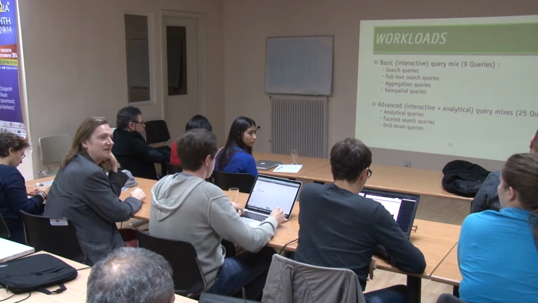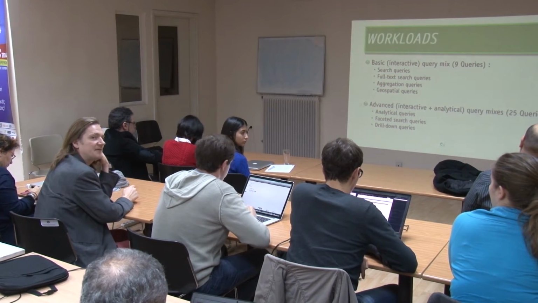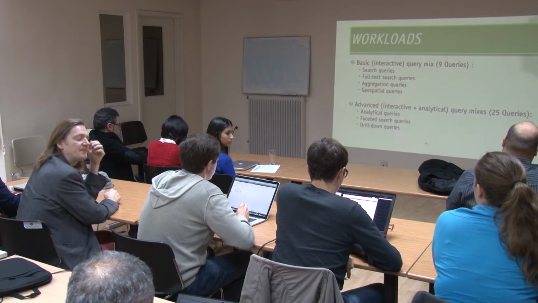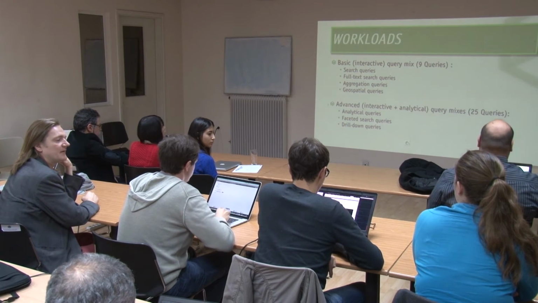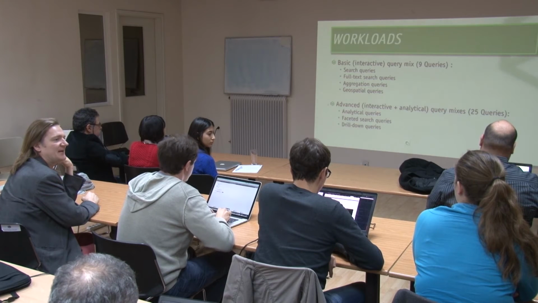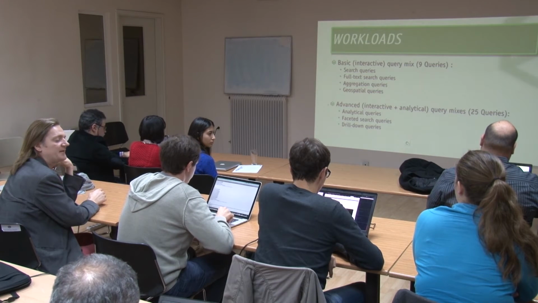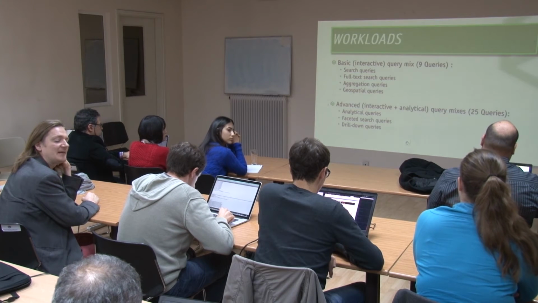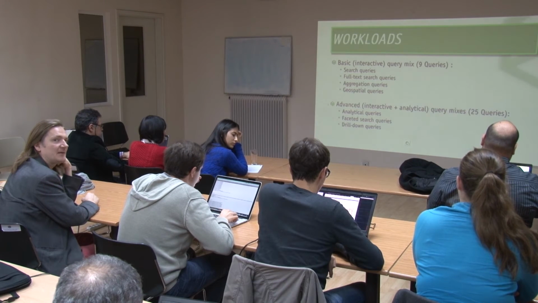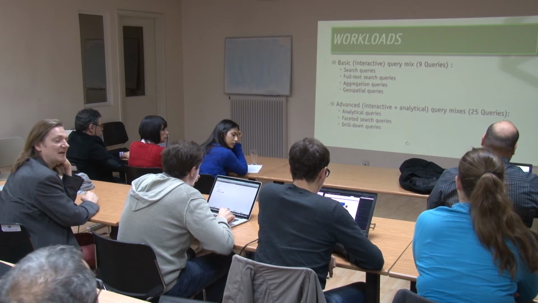So they are different classes of queries. Also on a social network, the interactive ones are not expected to increase linearly with the database size, but the analytical ones are, because analytics is about going through a large fraction of the dataset.